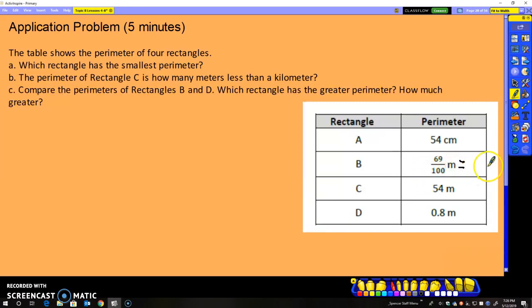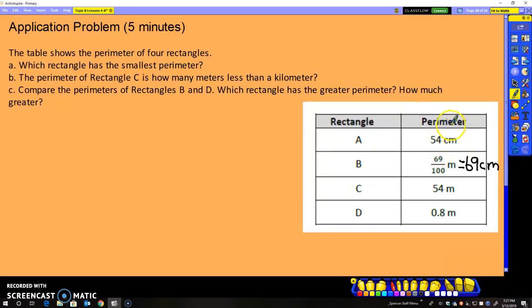If I'm going to convert this 69 hundredths out of meters into centimeters, I know there are 100 centimeters in a meter, so this 69 means how many centimeters there are. If there are 69 hundredths, that means there's 69 centimeters of that meter for this perimeter B.